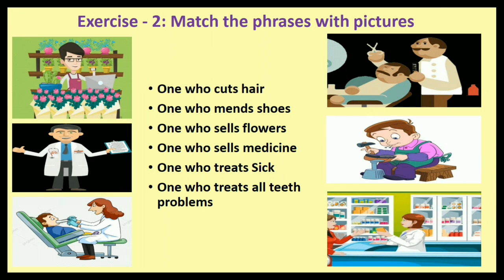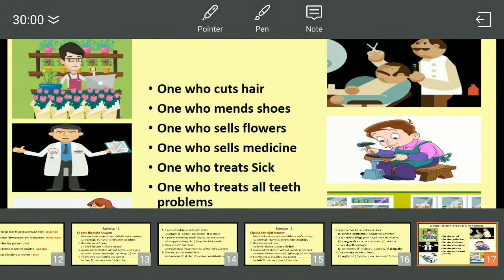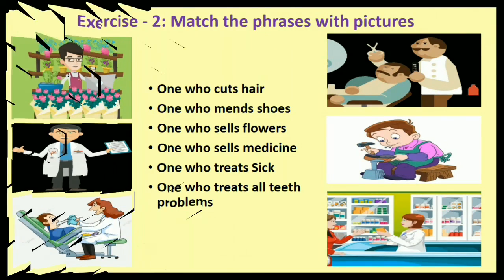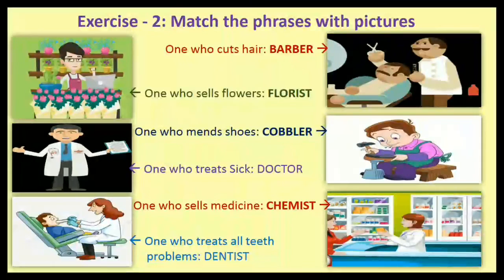Next, one who treats sick. And next is one who treats all teeth problems, right? So students, pictures are given and you will match these phrases with the given pictures, right? So let's check the answers.